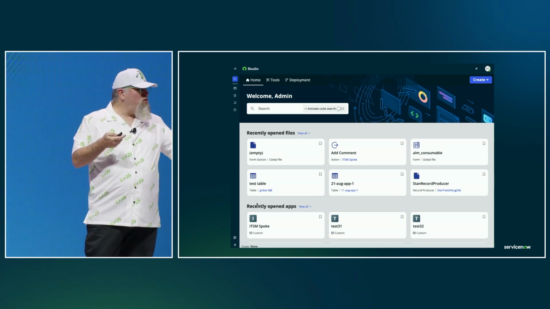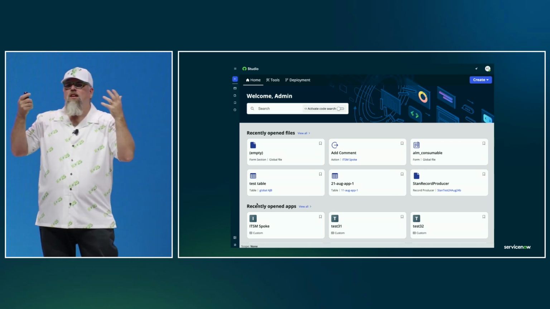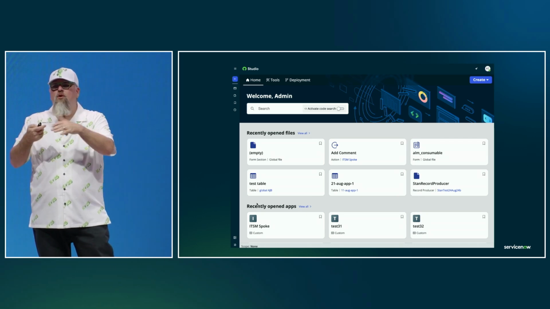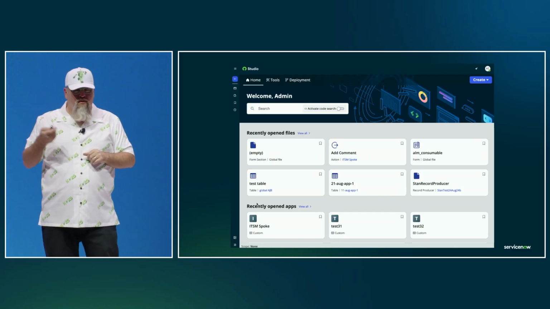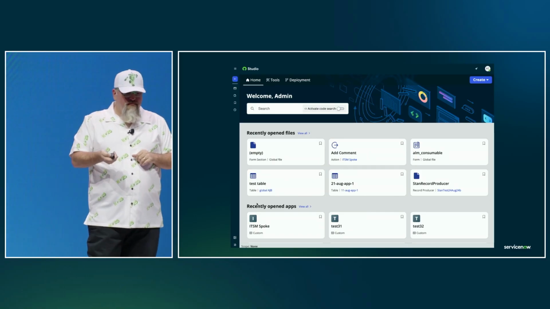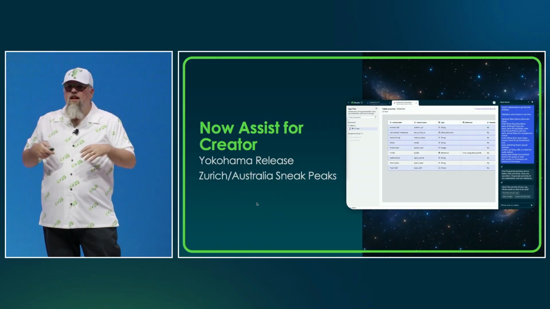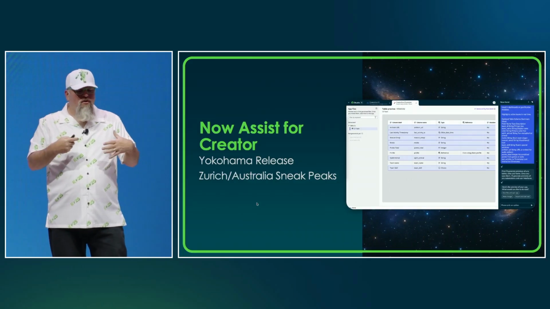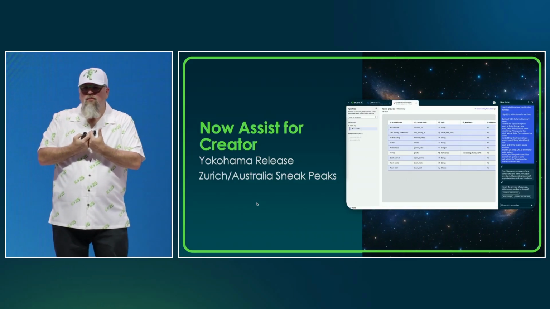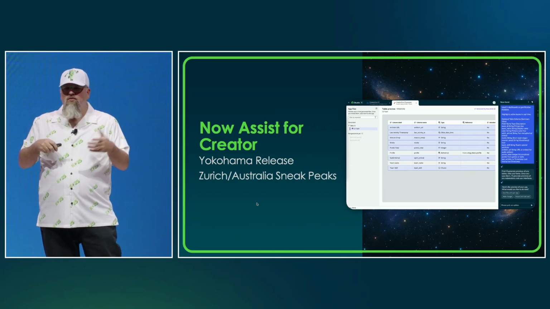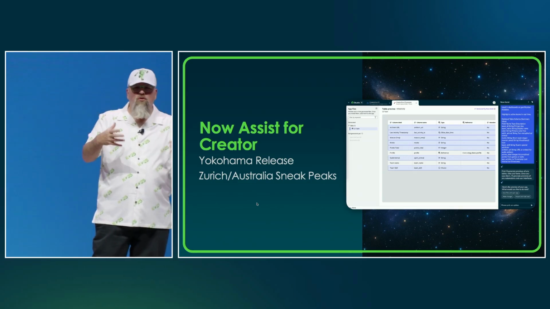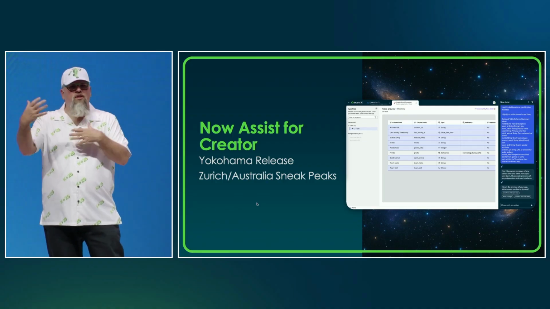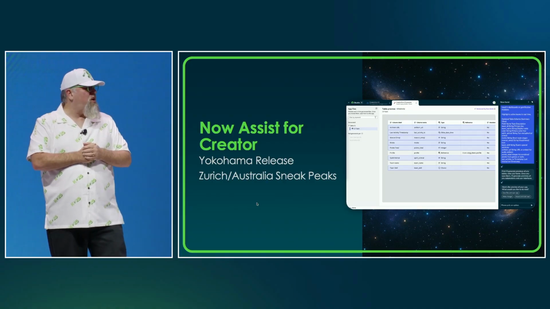All of the tools that Chiarng is going to talk about in AI in the platform for developers are all available right there in ServiceNow Studio for you. All of those AI tools for developers are called Now Assist for Creator, and I'm going to hand it over to Chiarng to talk about how those tools are surfaced and interact with you as a developer in ServiceNow Studio.